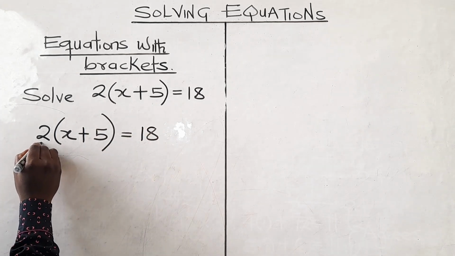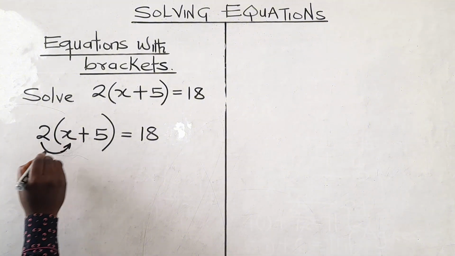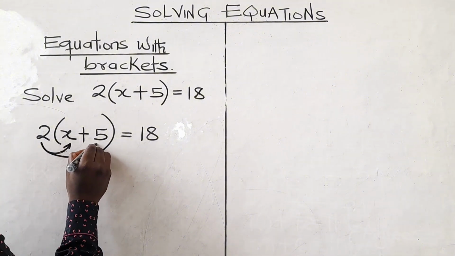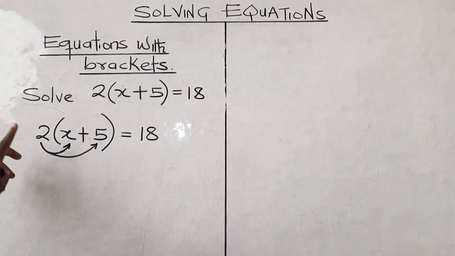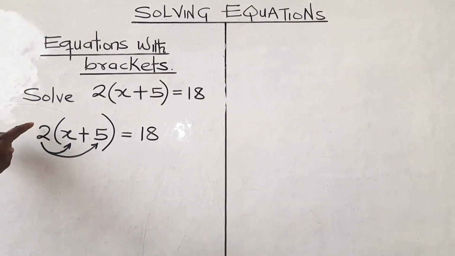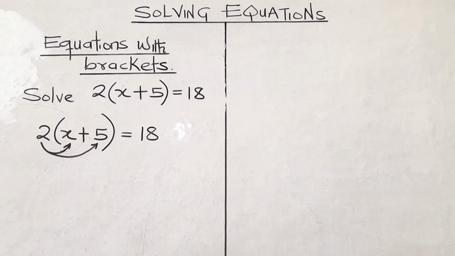Note, the 2 will multiply x, and also this 2 will multiply 5. The bracket is telling you that anything outside here will have effect on all you have in the bracket.